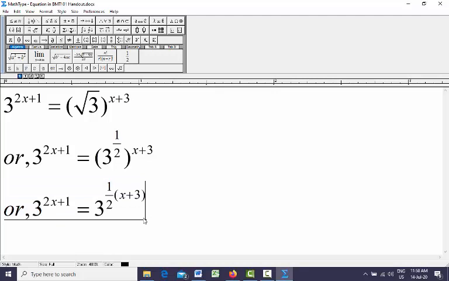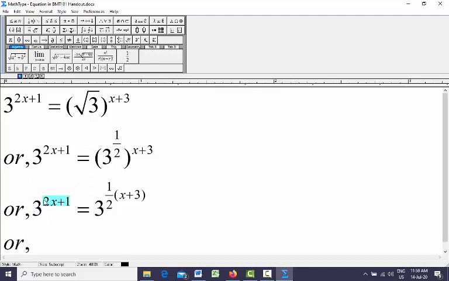Now as you can see, in the right hand side we have base 3, in the left hand side also we have base 3. As I said in my previous problem, if bases are same in the left hand side and right hand side, then the powers will be same.